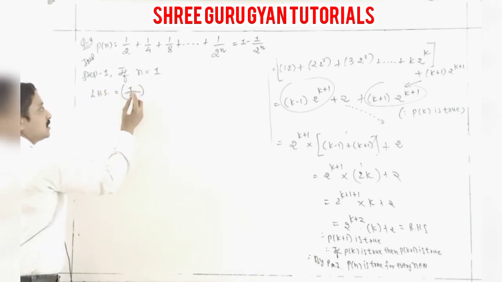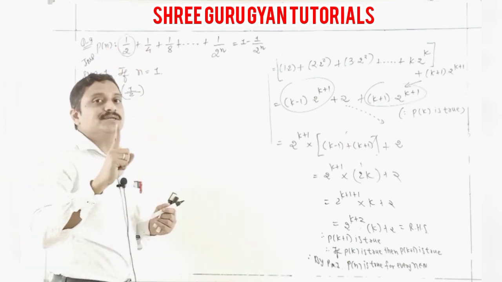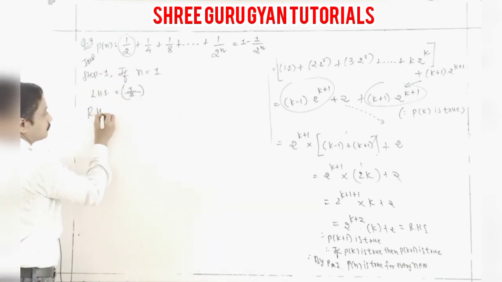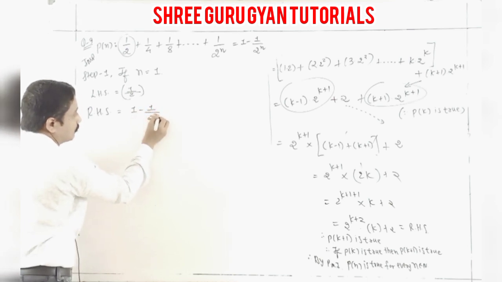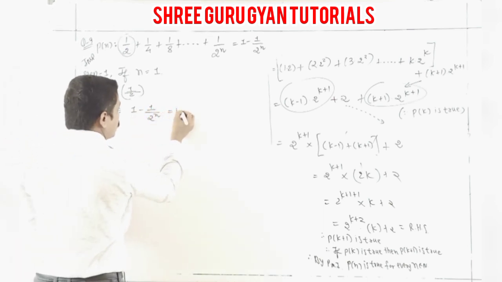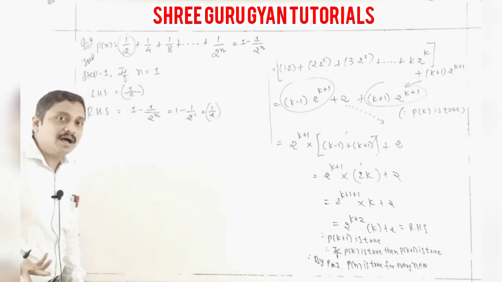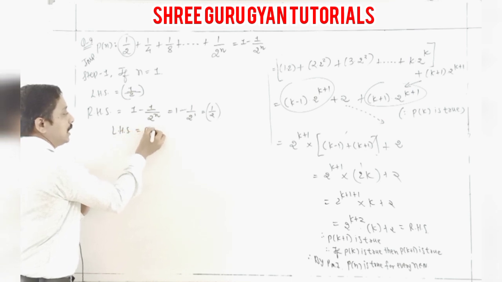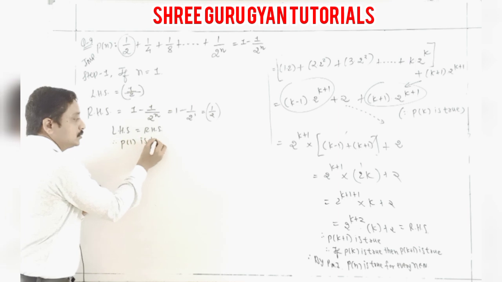Students, if n equals 1, then you are taking the first step. And what is the RHS? This RHS is 1 minus 1 by 2 raised to n. 1 minus 1 by 2 raised to 1, which is how many? Half. So LHS is equal to RHS. It means P1 is true.